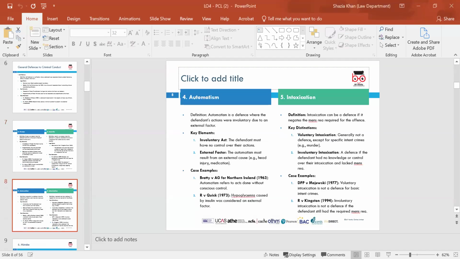The next one is automatism. Automatism is a rare legal defense that can be used in criminal cases when a defendant lacked the capacity to control their actions. It can be caused by external factors like intoxication or internal factors like mental illness.